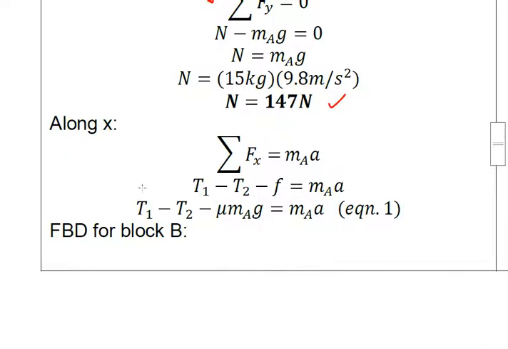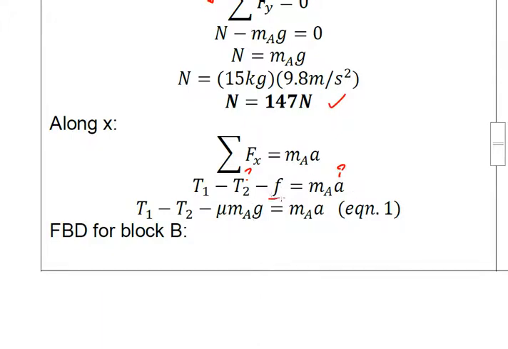But if you look into the system, there are a lot of unknowns. You have the acceleration, which is unknown yet, and you also have T2, which is also unknown. So we've got to create another equation so that one of the unknowns can be eliminated. Further, the equation is being expanded.